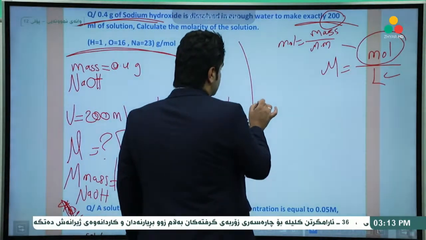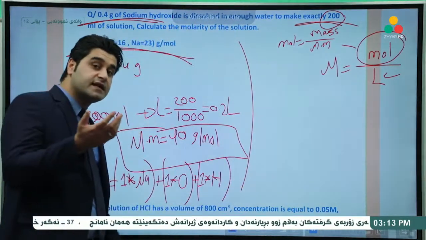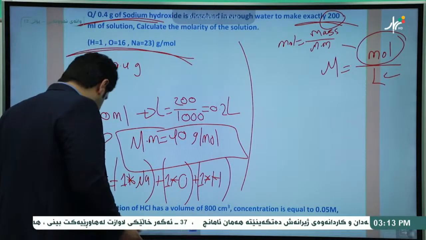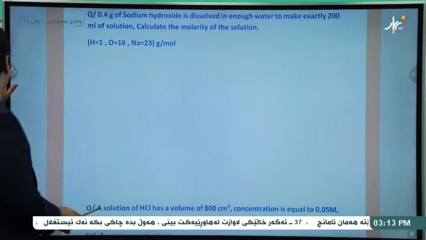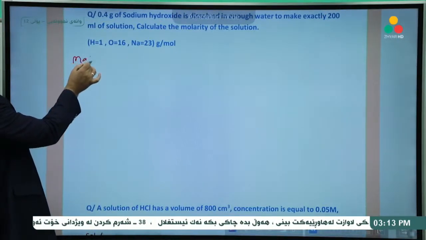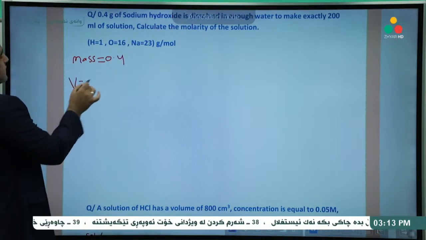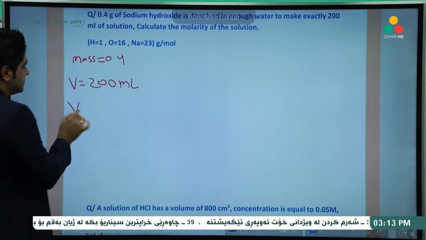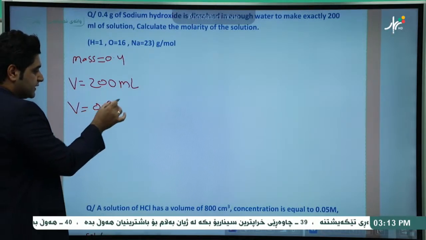So mole is equal to, well, I prefer to clean the screen, now that the idea is clear, and do the solving method from the starting point. Okay. Mass is equal to 0.4. Volume is equal to 200 milliliter, and we converted milliliter to liter, and we saw that it's 0.2 liter.